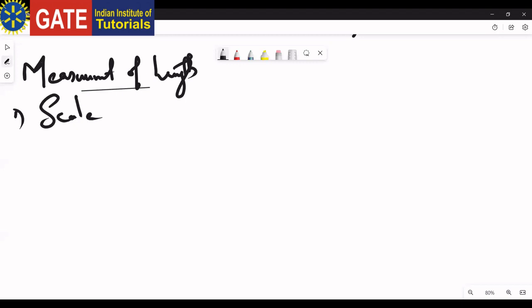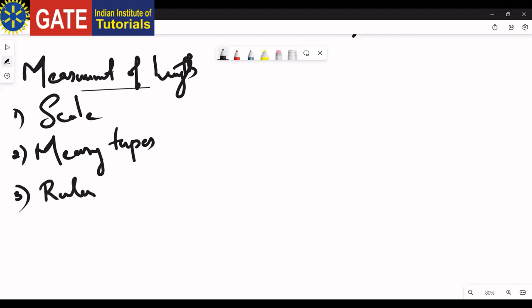Yes, a meter scale can be used. Then measuring tapes can be used, right? Give me some other examples to measure length. Ruler itself comes under scale only. You can write it also as ruler.